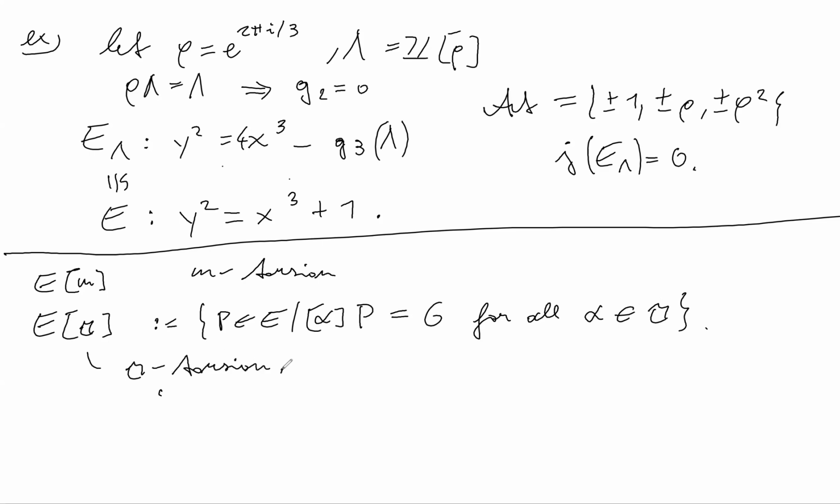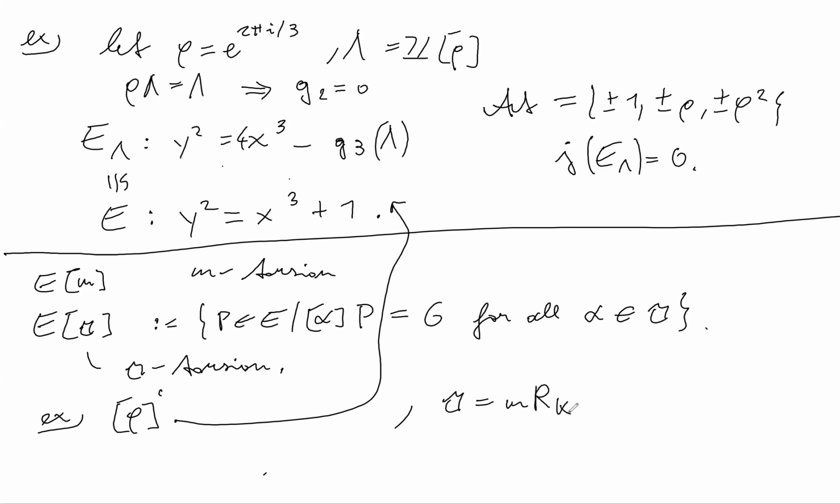And remember, this is possible because for some elliptic curves, alpha need not only be the integers, right? So for example, for this example that you see up here, there's also a map rho, right? So we also have something rho for the E lambda up here. Or maybe if I want to be a bit simpler, I can also consider R_K, but there is a more general sort of structure, of course.